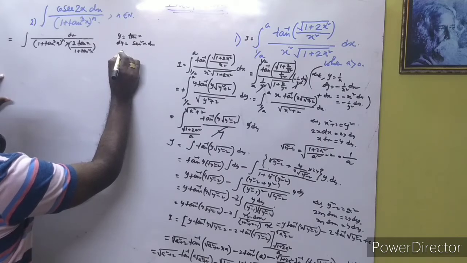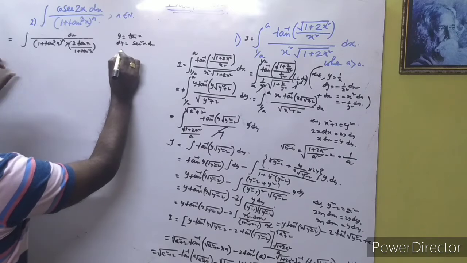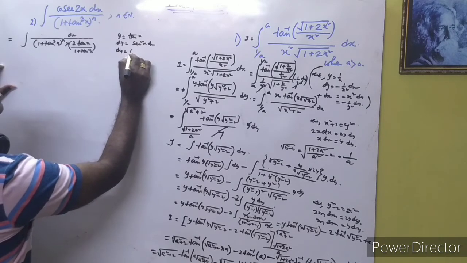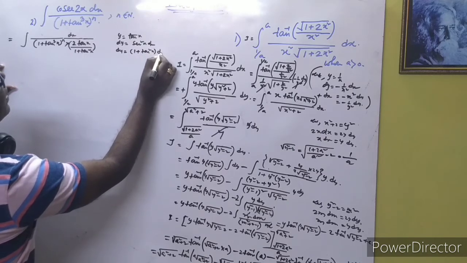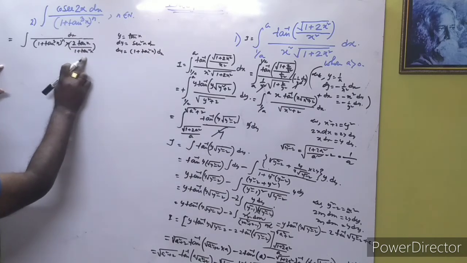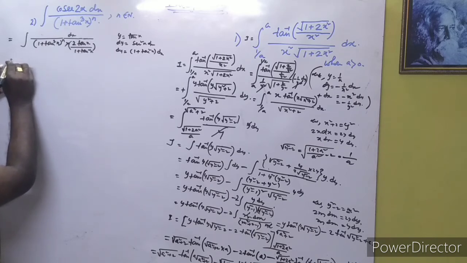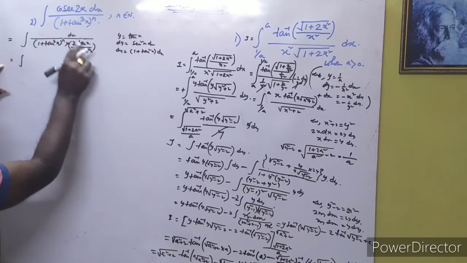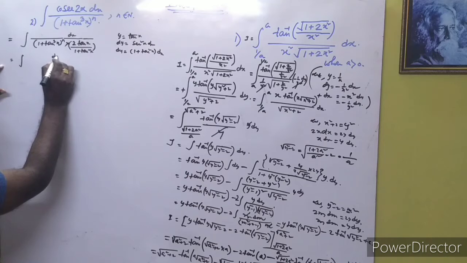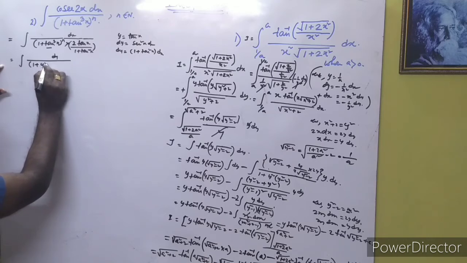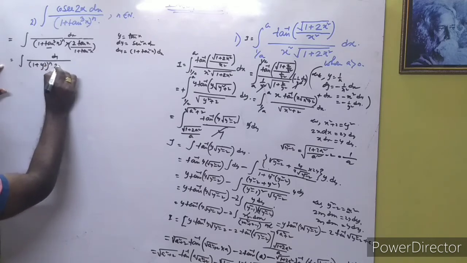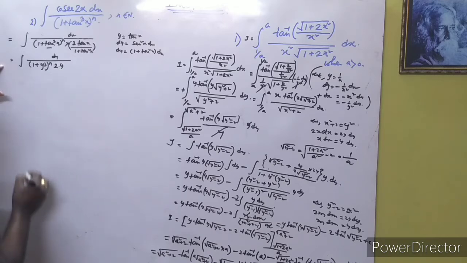Okay, and this is here dy by 1 plus tan square x dx, 2 tan x by 1 plus tan square x, and this is 1 plus tan square x and dx, that is dy, and 1 plus y cube whole to the power n and 2y.